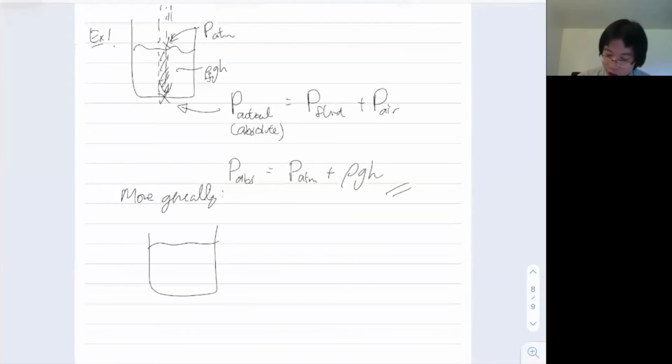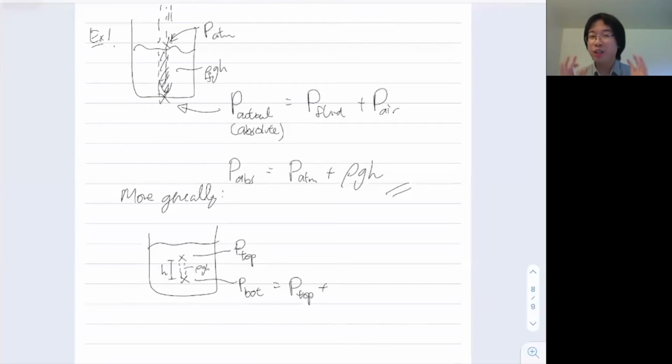If I want to compare 2 points, the one at the bottom and a point above, let's say I want to compare the pressure between these. The bottom point's pressure is the pressure on top plus the pressure of the fluid, which, as we learned, is rho g h, and h is this part. So see how important it is to know where these things come from. Because if you don't know and you just say, oh, I memorized rho g h, having a formula sheet with you in the exam does not help you at all.